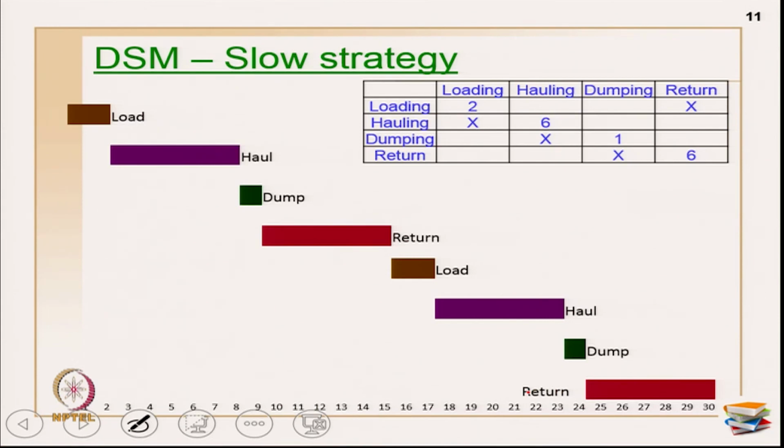Now, what is the cycle flow? After loading I have to do my hauling operation, after hauling my dumping operation, after dumping my return process, and once I return I have to go back to the initial loading operation. This is a very good example of the slow strategy. It looks as if I have one resource, only one dump truck, so I can start the next cycle only after one full cycle is completed.